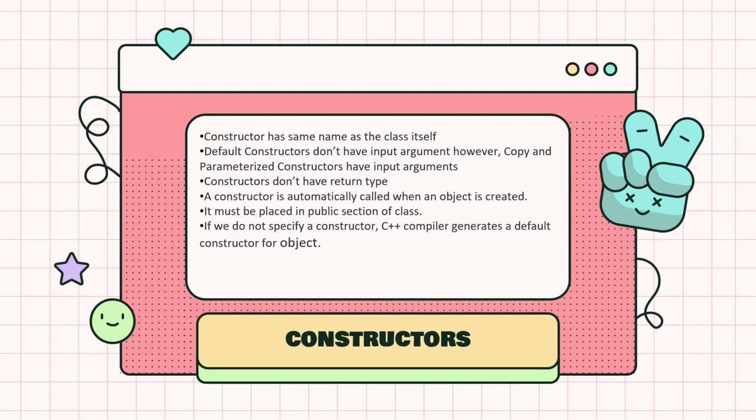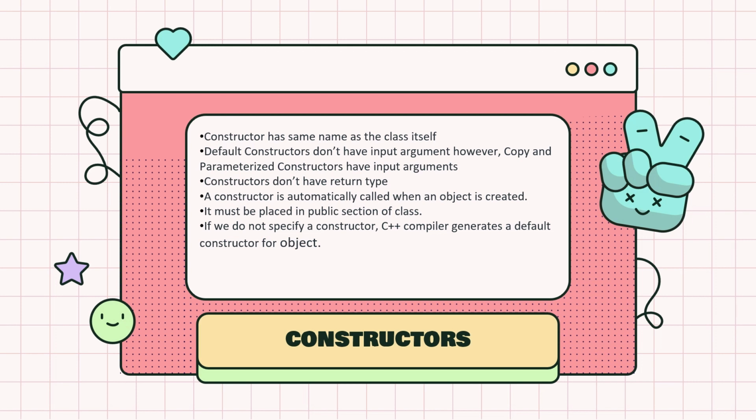There are some rules for declaring constructors. First, the constructor has the same name as the class itself. It means that if our class name is Student, the constructor should always be Student. We have three types of constructors: default constructor, copy constructor, and parameterized constructor. The default constructor has no input argument, and copy and parameterized constructors have input arguments.